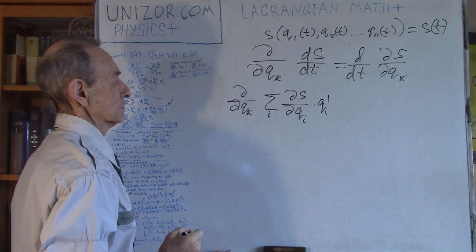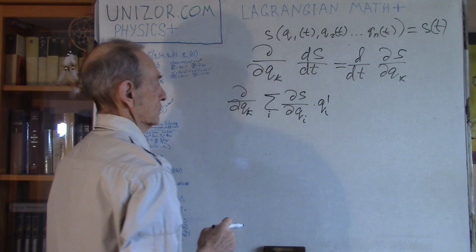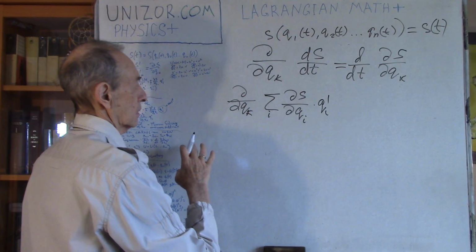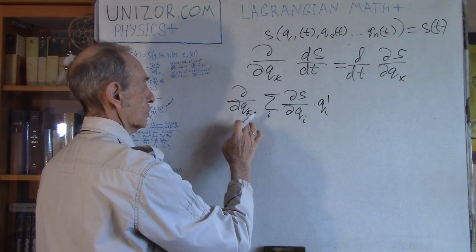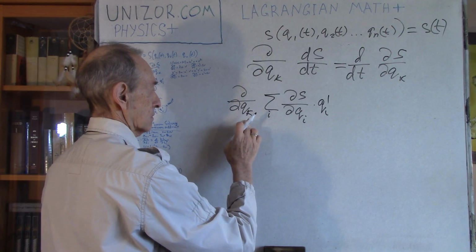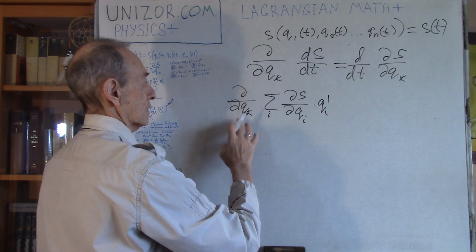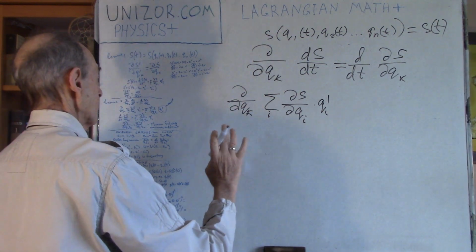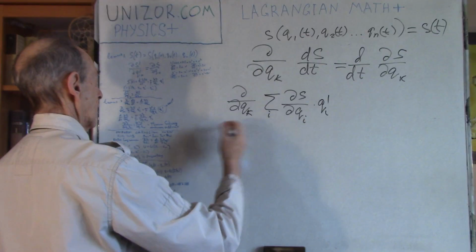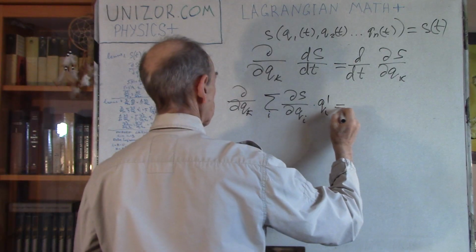So that's on the left. All right, fine. So we are trying to partially differentiate it by qk. Well, again, q and q prime are independent right now.